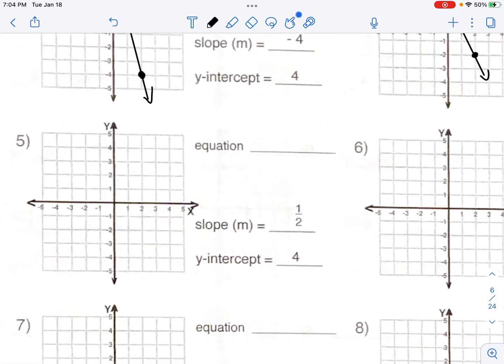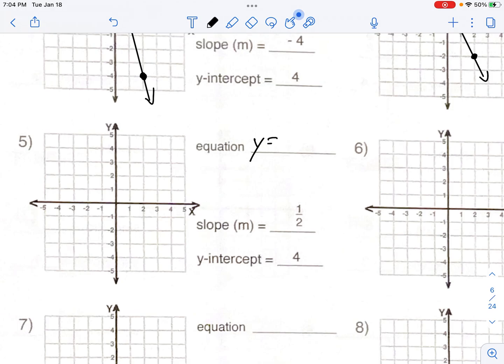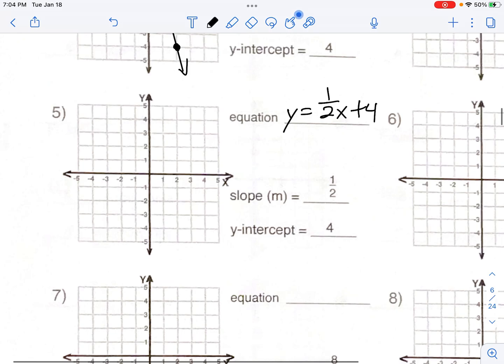Okay, number 5. The slope is 1 over 2, and the y-intercept is 4. So plotted at 4. Your slope is 1 over 2, so you can go up 1 and right 2, and that would be right here.